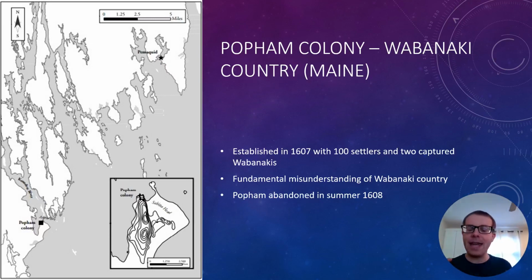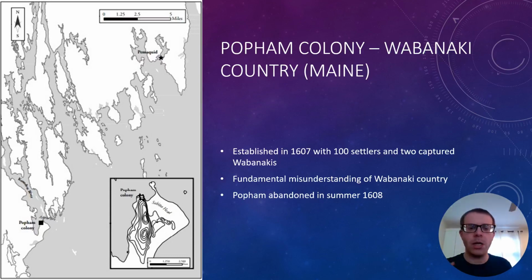Now, they established Popham Colony in the territory of the Wabanaki Nation, which was a powerful nation that existed in modern-day Maine. And the Wabanaki Nation would actually fight many wars against the English well into the 1700s, and the Wabanaki Nation still exists today.